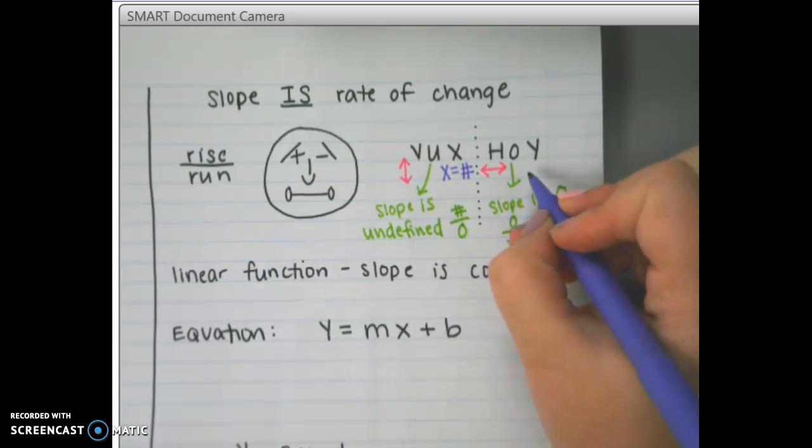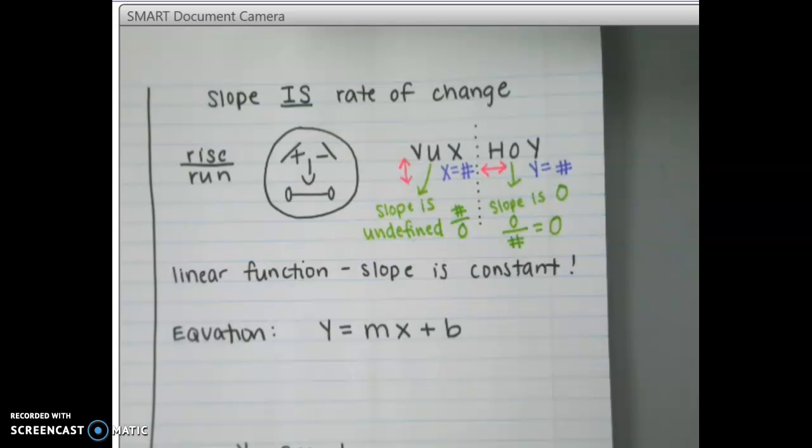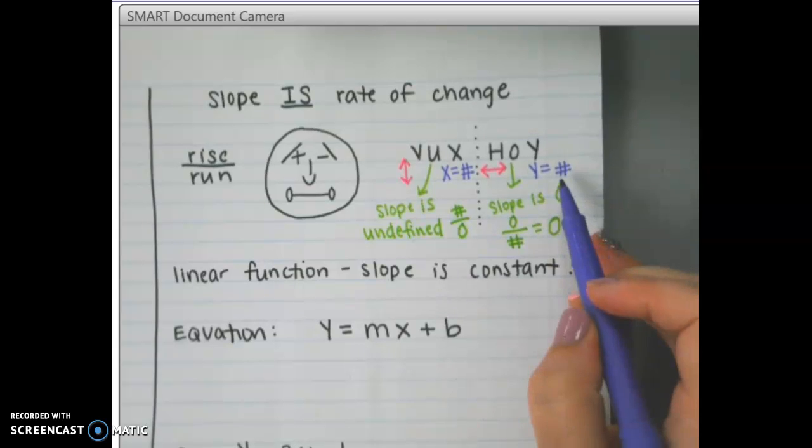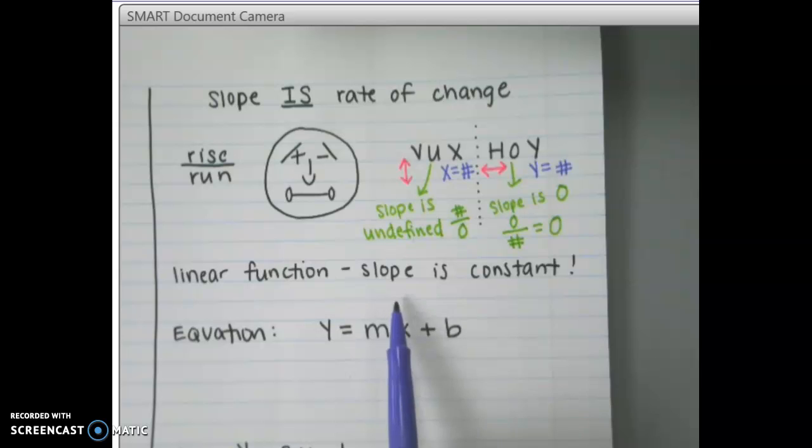A horizontal line equation is y equals and then a number. All right, so for a linear function, your slope is constant.